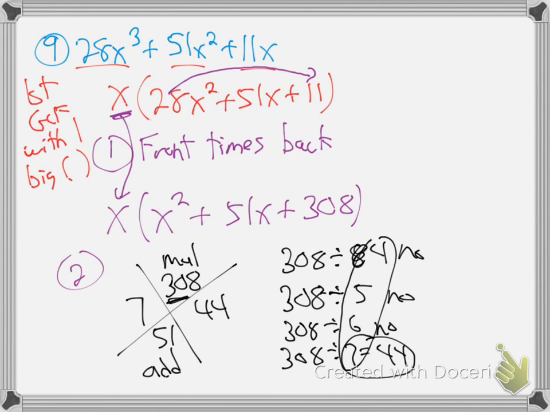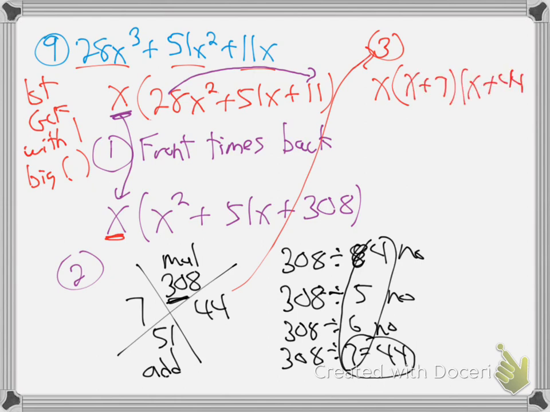Now, bring it up here. So, we're on step 3. That x is still in the front. X in the front. Now we have x plus 7, x plus 44. And what do we do to finish this up? Divide the fronts by the original, divide backs by the original front. What was the original front? 28. Divide by 28, divide by 28, and reduce.